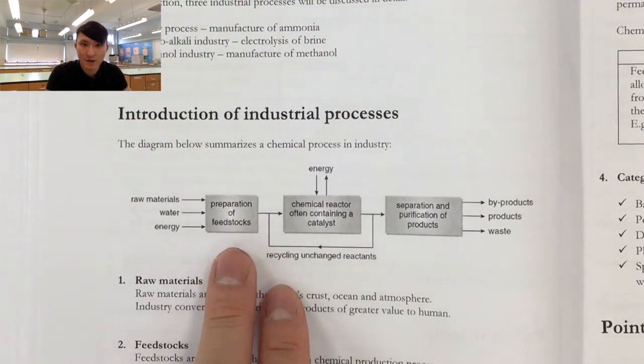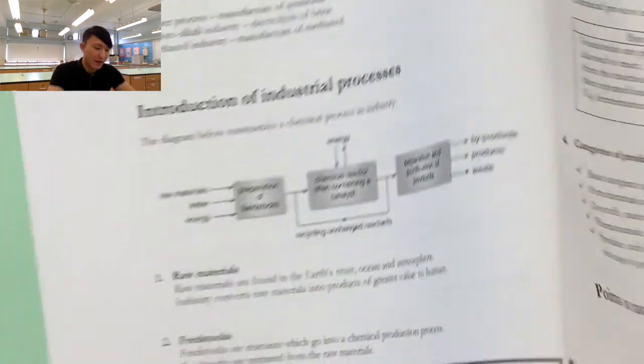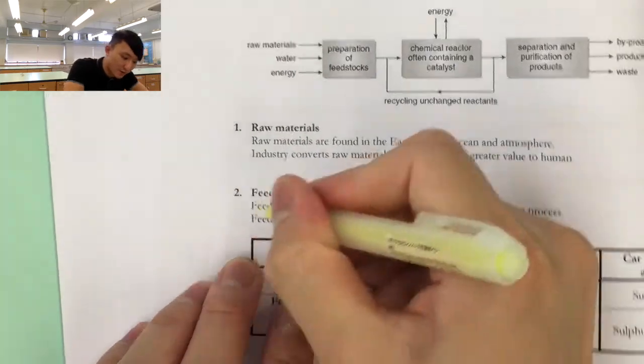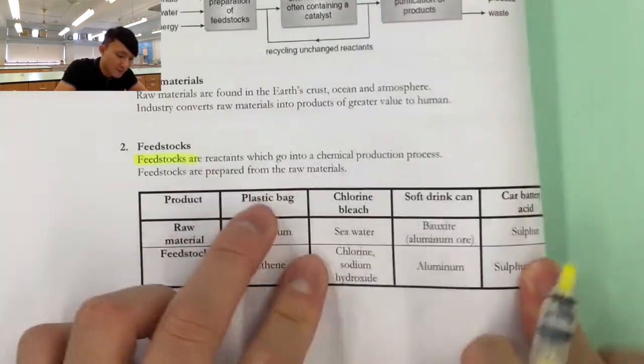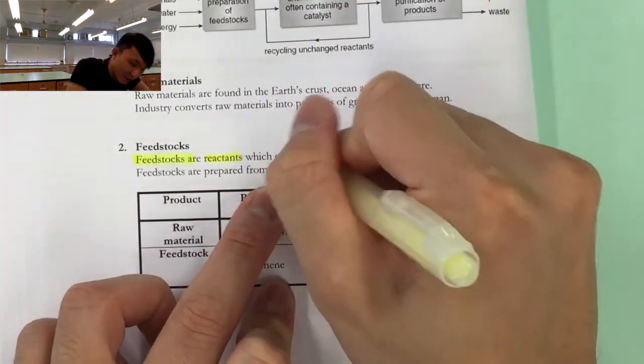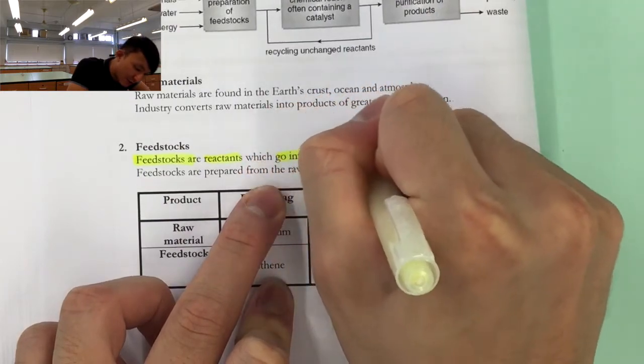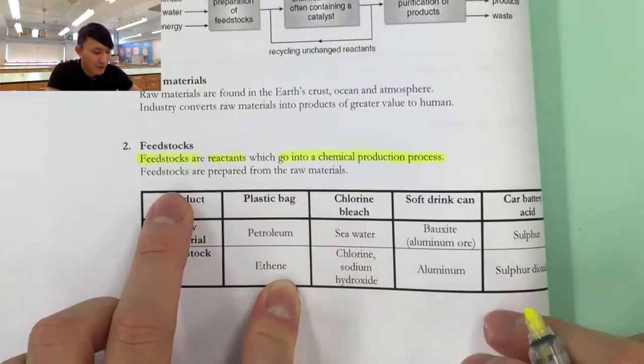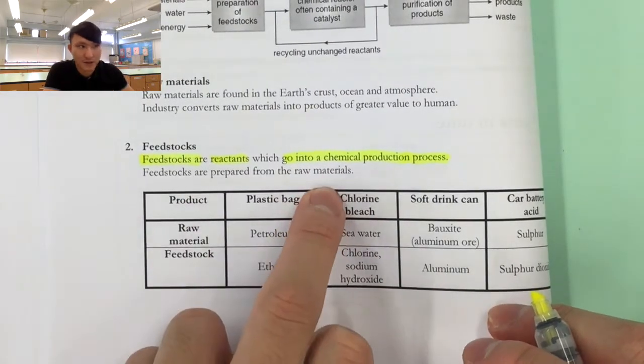Now, what is feedstocks? Now, you can have a look at the definition here about the feedstock. Now, feedstocks are reactants that goes into a chemical production process directly. Okay, and feedstocks are prepared from raw material.